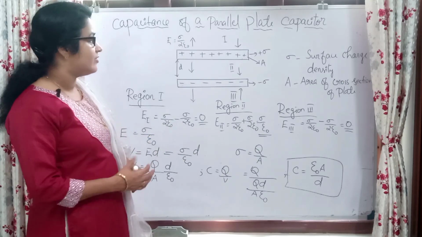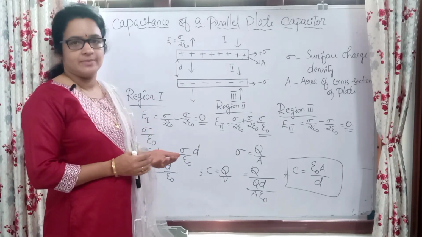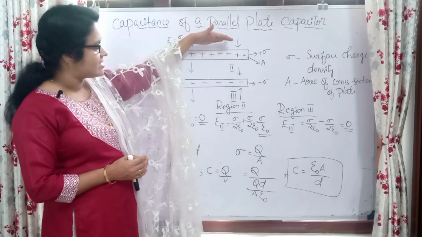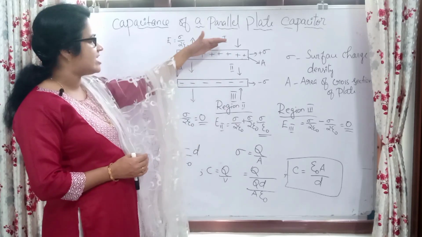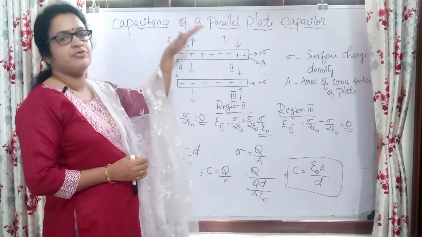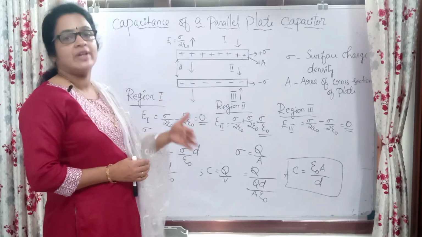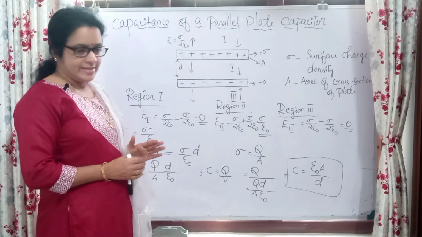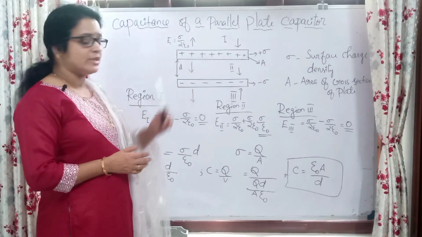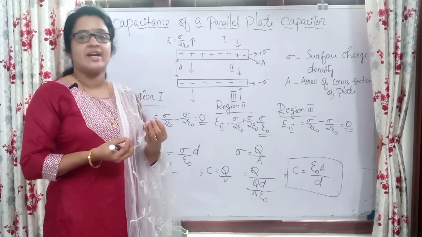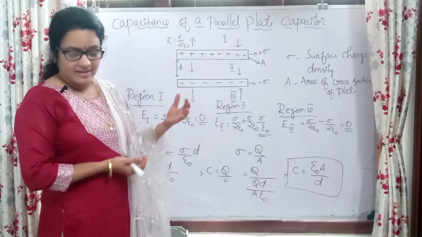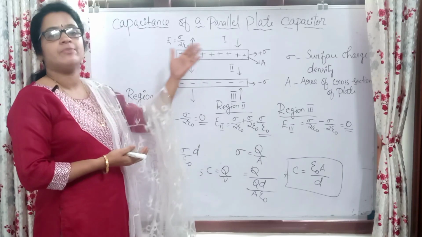So first of all, we have to find the electric field. We have divided the space into three regions, right? So in each region, what will be the electric field? That means we are going to find the magnitude of the electric field. Now, we know that if you place a positive source charge, the electric field will move away from the positive charge.